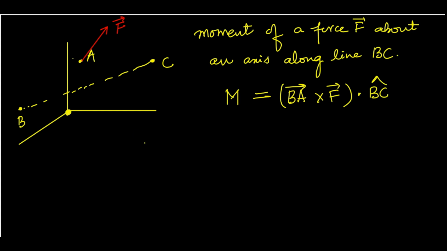Now since we need the moment of the force about an axis along BC, and BC is not passing through the origin, what we need to do is first find the moment of the force about the point B. So you will get moment mx, my, mz as the Cartesian components at B. So BA will be your R cross F, and then you get a unit vector along BC, right?